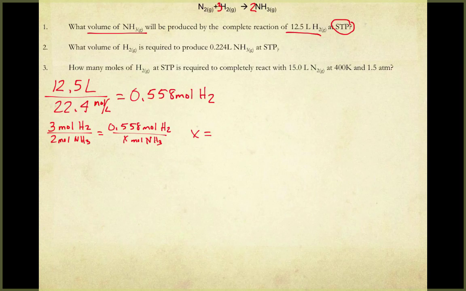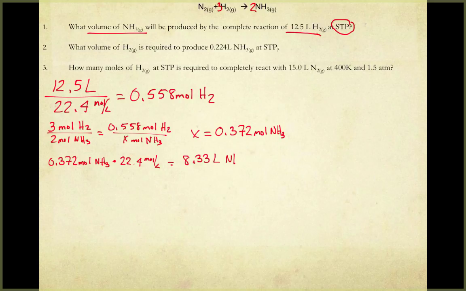Solving for X, I find that we get 0.372 moles of NH3. Again, like a mass-to-mass problem, I want to convert these moles back into, in this case, volume of gas. Since I'm at STP, I can multiply by molar volume, 22.4 liters per mole, and I find that this reaction will produce 8.33 liters of NH3 gas.